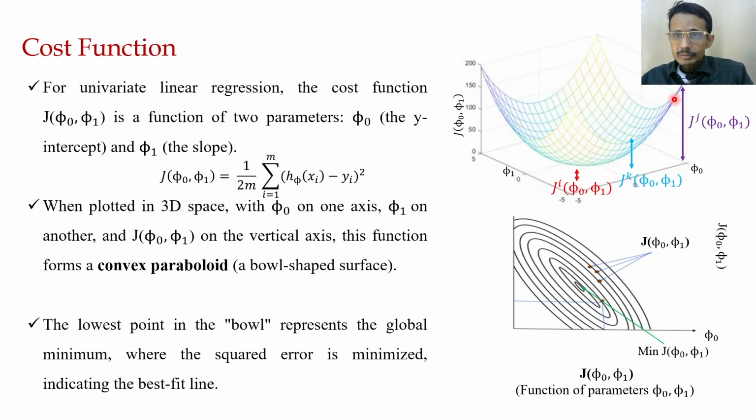So if we start from anywhere and reach this minimum position, then we get this error function, this loss function or cost function, minimized. So the lowest point of this convex surface is the global minimum, where the squared error is minimized, indicating the best fit line.